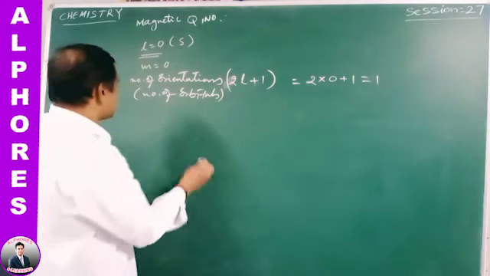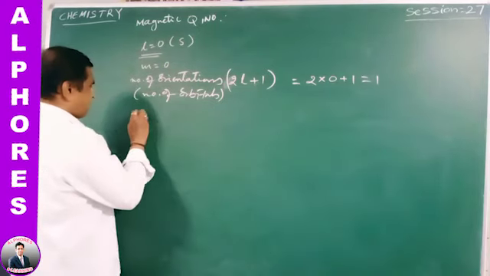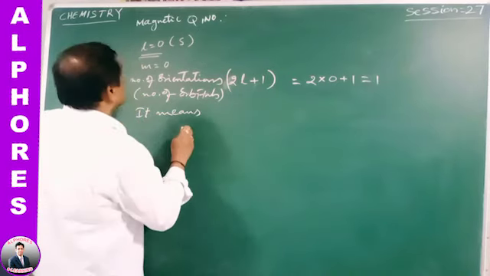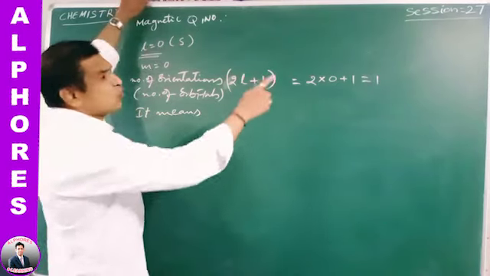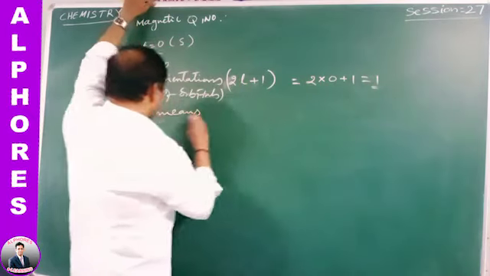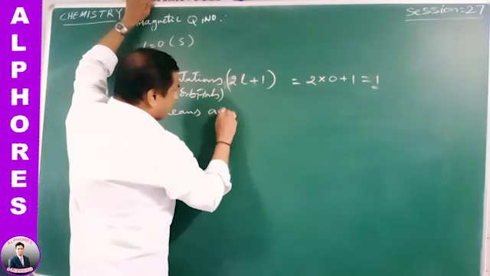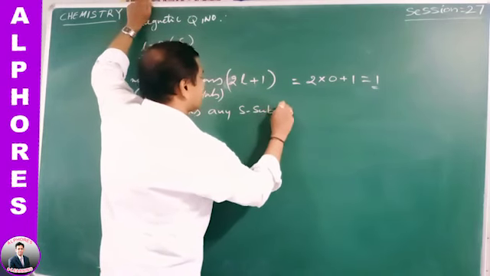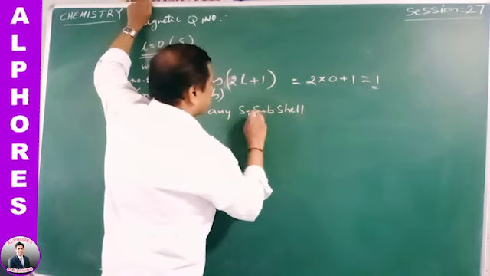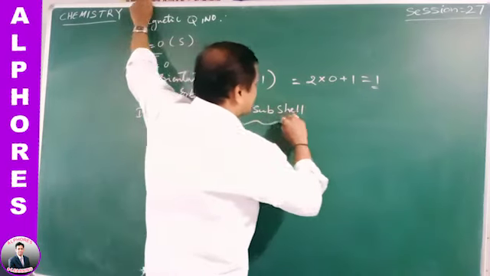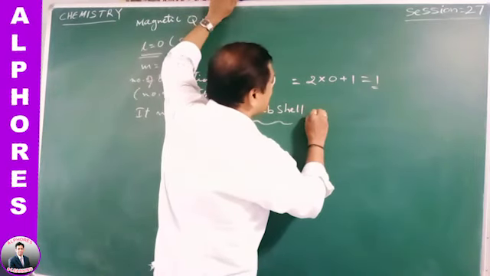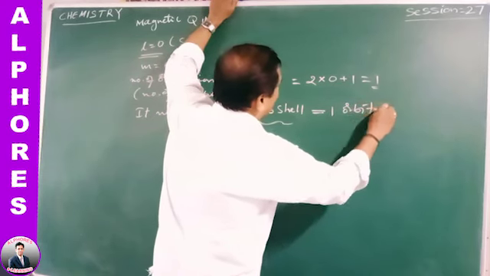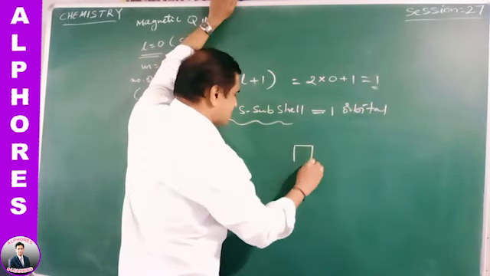It means any S subshell contains only one orbital. One orbital means one box like this.